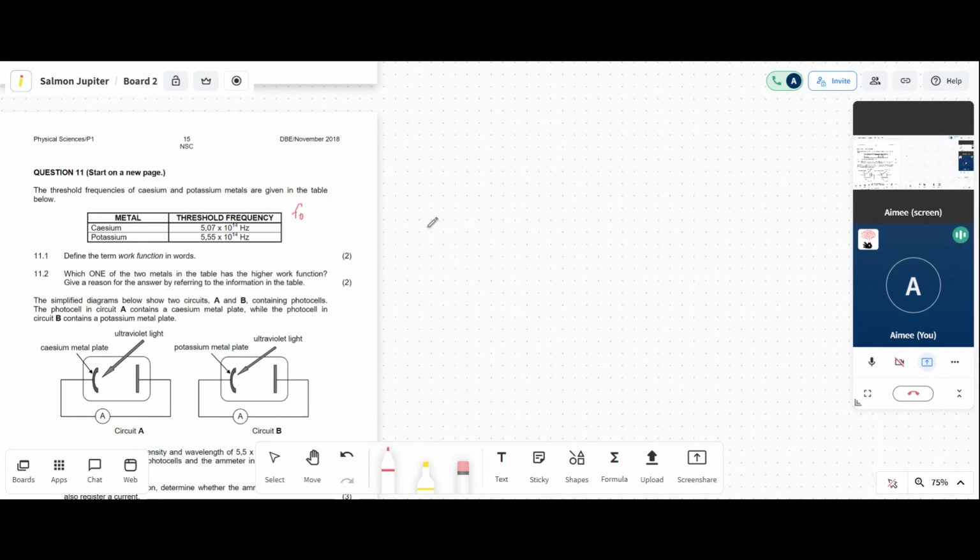And why can I say that? I can say that because work function, or W0, this is how you represent it, it's a W with a small little 0 at the bottom, equals h times f0.